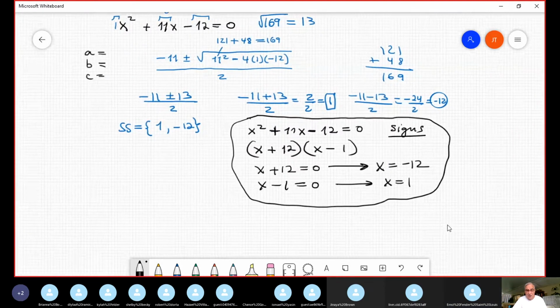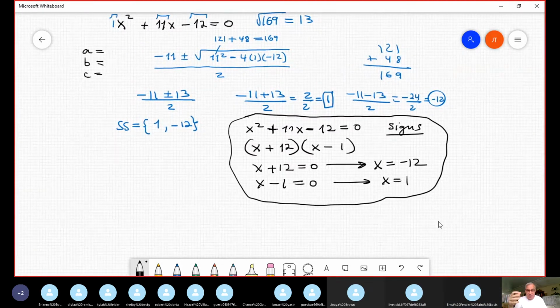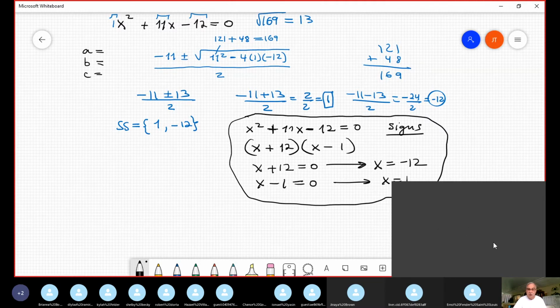This is my struggle in college algebra: the students always use the quadratic formula. Well, okay. If you want to spend 30 seconds doing it by quadratic, okay. However, I spend 2 or 3 seconds by factorization.